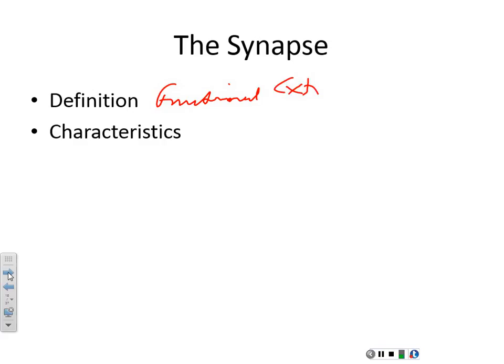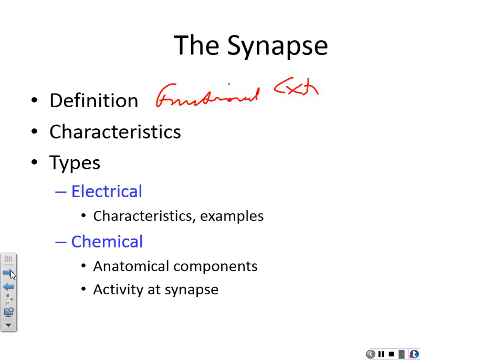We said we get 2 types. One is electrical, and the electrical ones have gap junctions in them, like in smooth muscle and the interconnected discs in cardiac muscle. Gap junctions are ion channels on the membrane that let ions pass in and out.